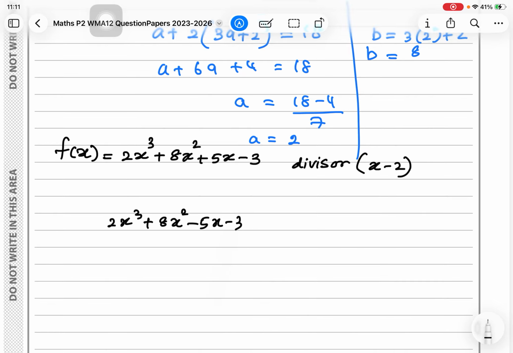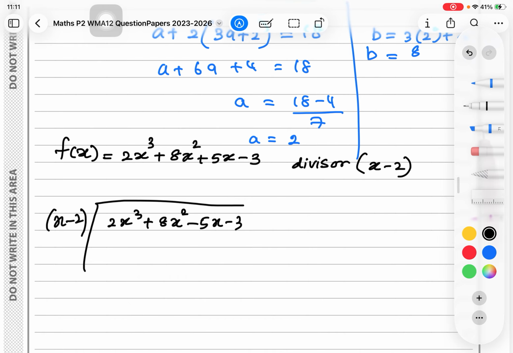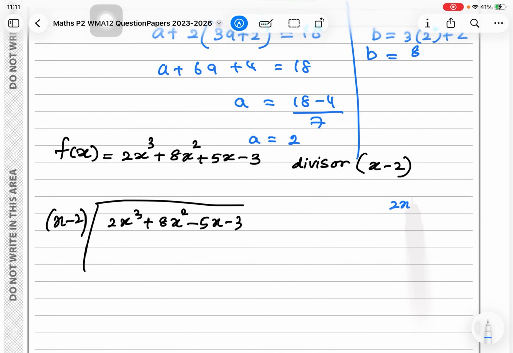Algebraic division is a very easy method. What we're going to do is first check the first term, 2x to the power 3. Whatever it is, it's x, so it's going to be 2x. I'll write 2x on top.